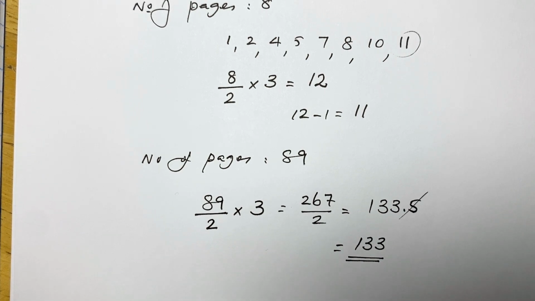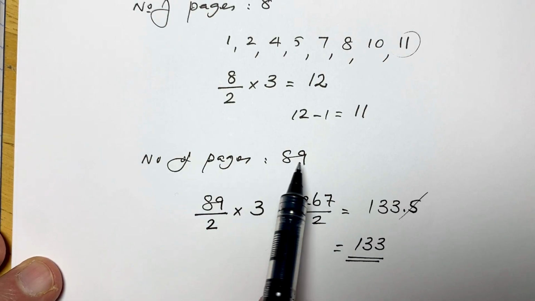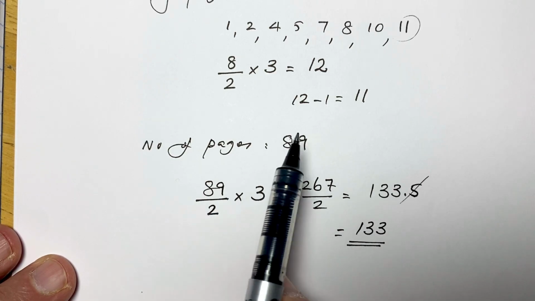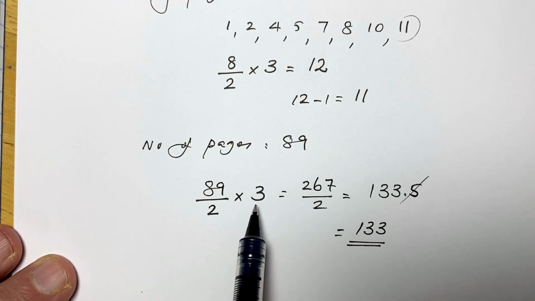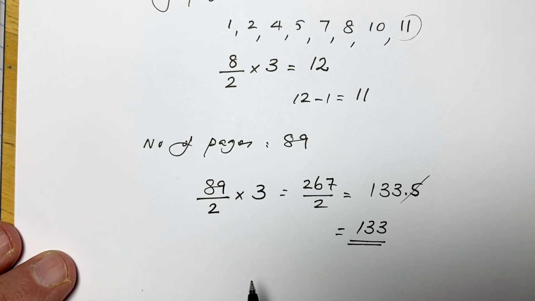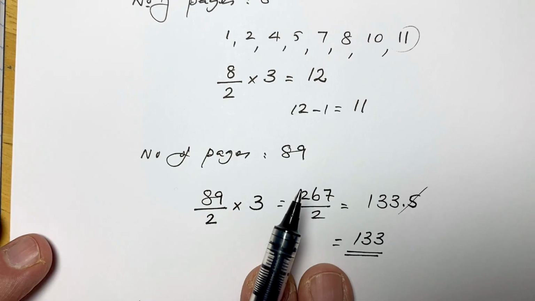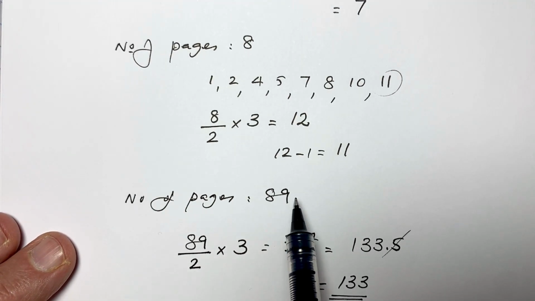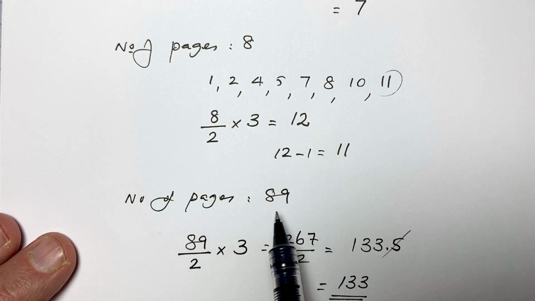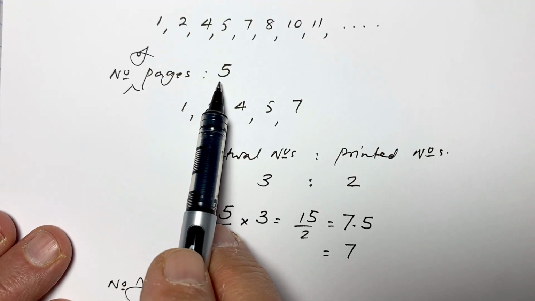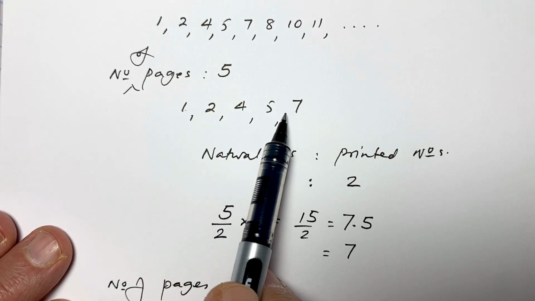This is the end of the explanation of this investigation. Using this method, dividing the number of pages by 2 times by 3, it gives you the number that's going to be printed on that particular page. As you saw, in order to investigate such a number, such as 89 or a big number, I decided to start with a small number of pages so I could actually see the numbers.